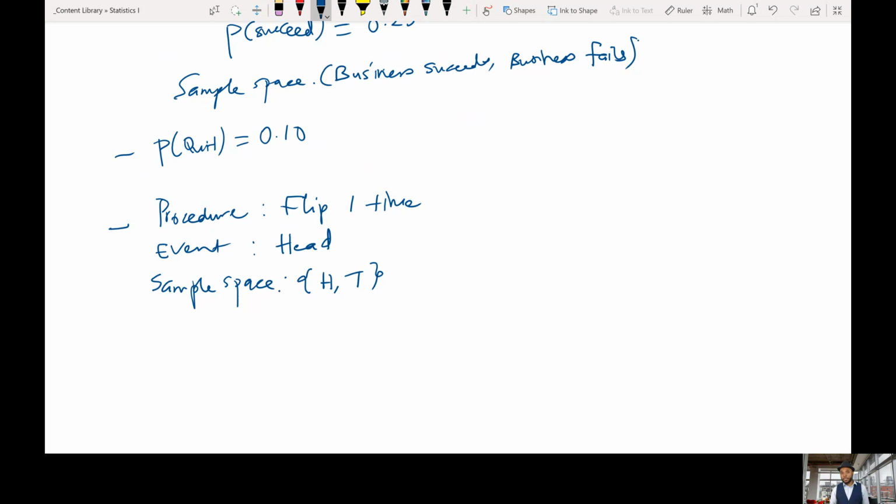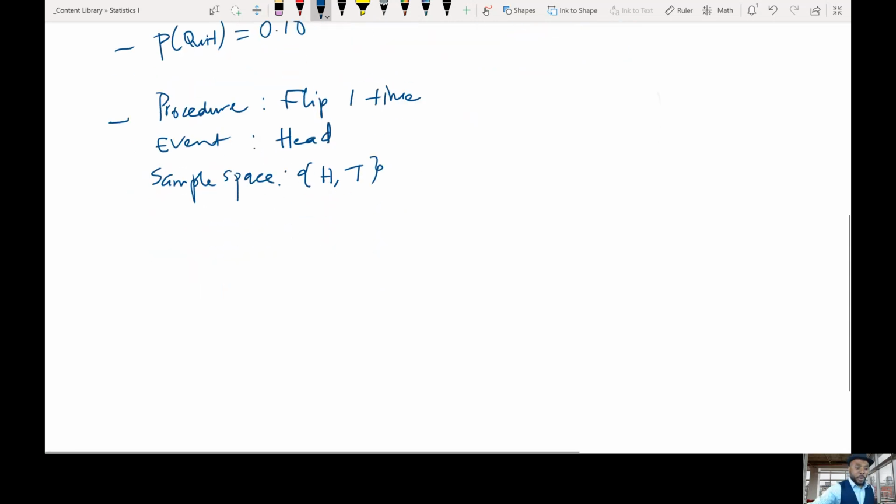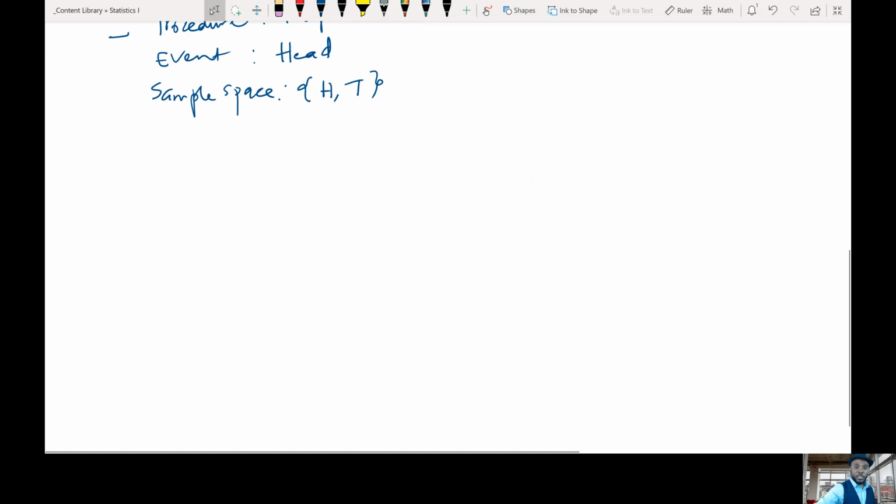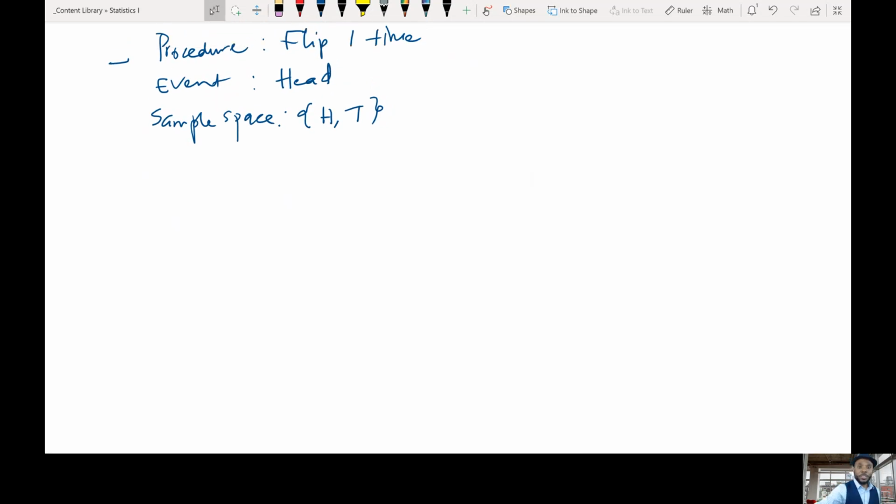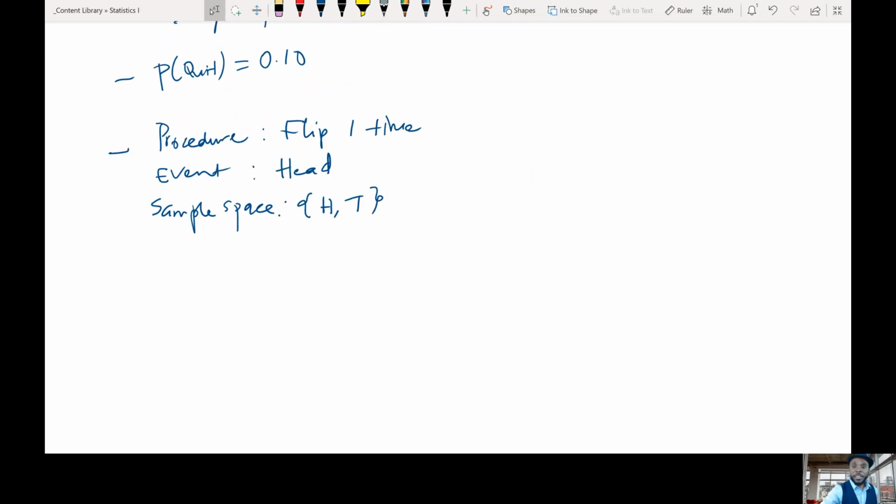What will be the sample space? So if I flip the coin 2 times, or let's just go 3 times, or I'll just give you a general formula. If you flip the coin k times, then the size of the sample space will be 2 to the power of k.